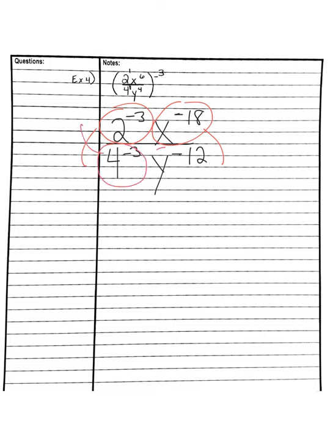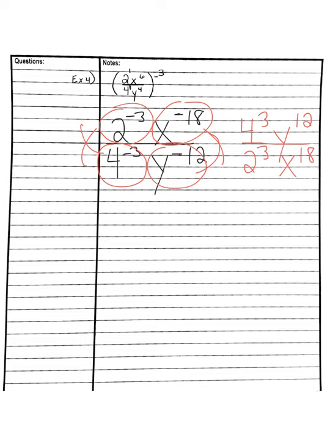This goes to the top. This goes to the top. So we have 4 cubed in the numerator. y to the 12th becomes positive when you move it. 2 cubed, x to the power of 18.